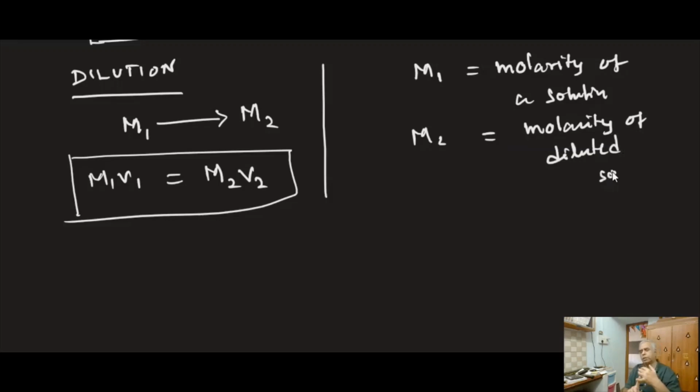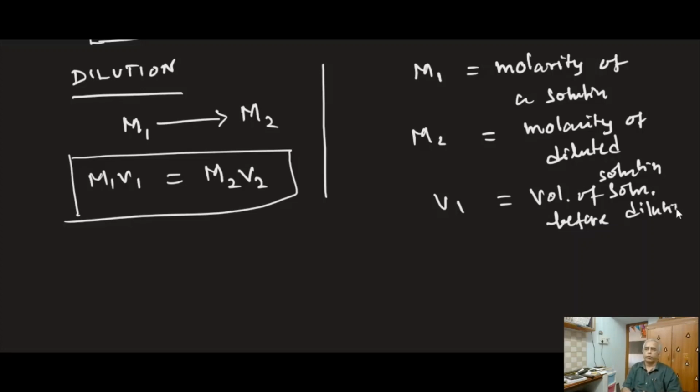So V1 is the volume of the solution before dilution. V2, the volume of the solution after dilution. You would have added some water or some solvent, so there is an increase in volume. So the volume is also getting changed here. So it becomes V2.